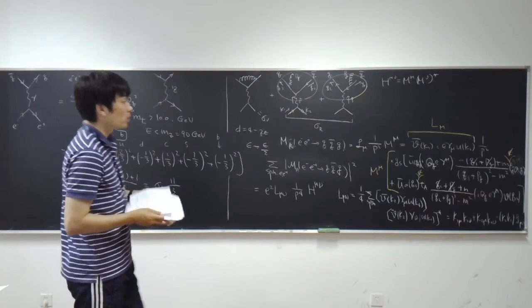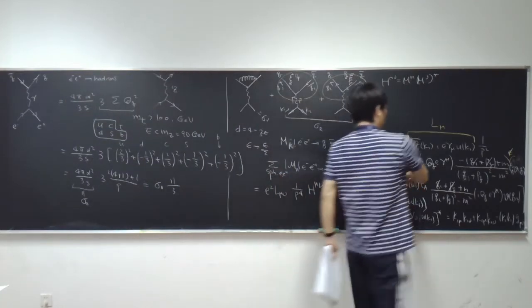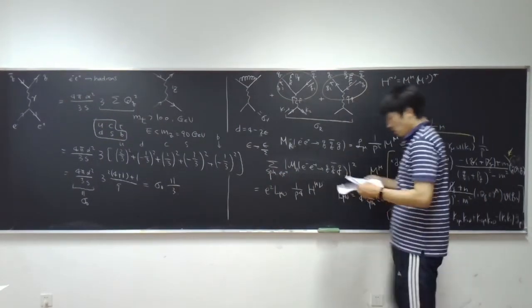This E slash is the polarization vector of the gluon.